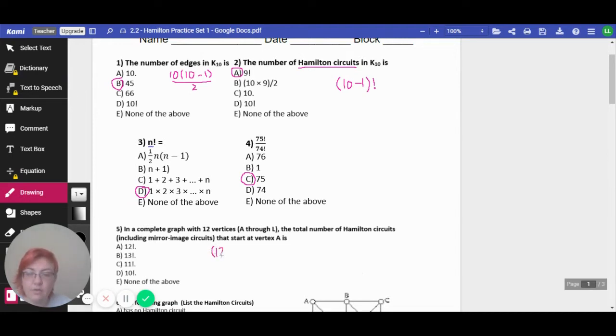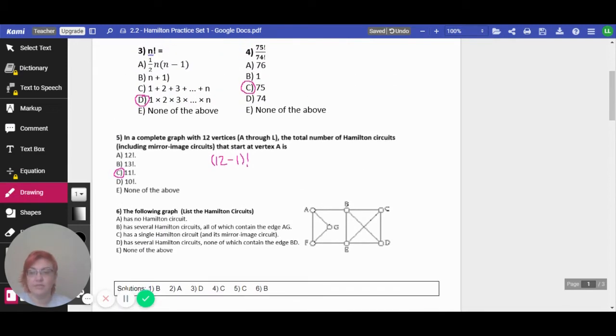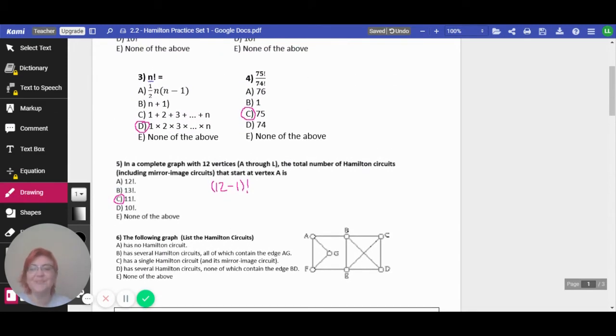So 12 minus 1 factorial will tell me the total number of Hamilton circuits, including mirror circuits. Well, 12 minus 1 is 11, so we have 11 factorial. Number 6. Oh, there's the answers. We'll check those in a minute.